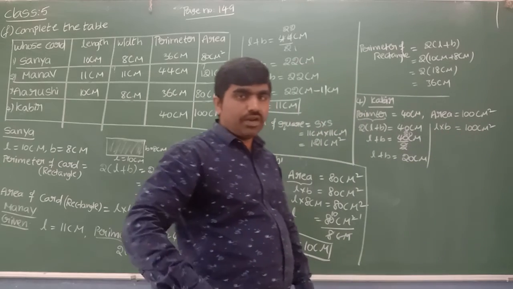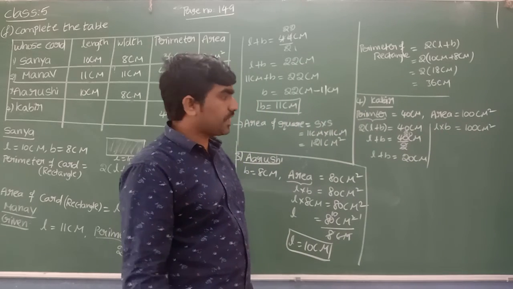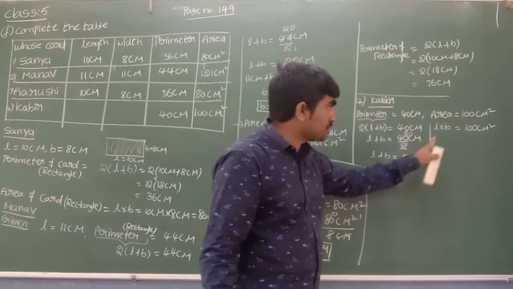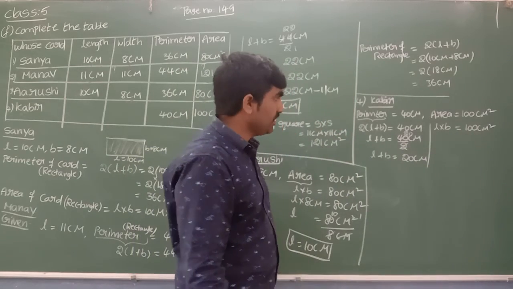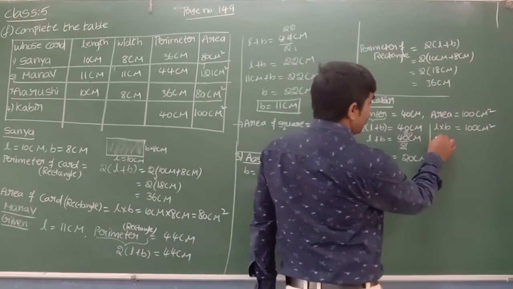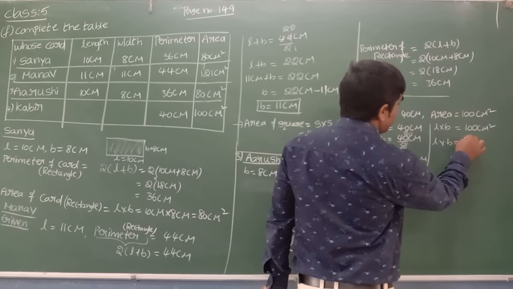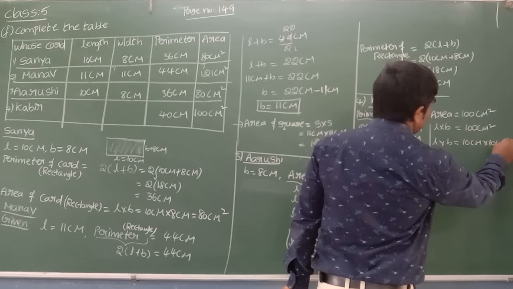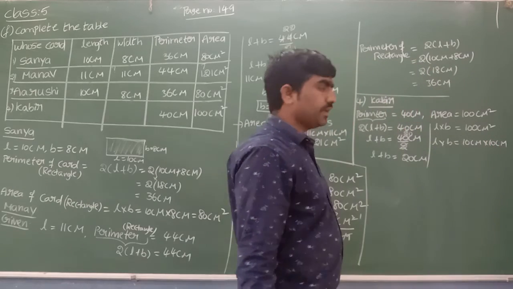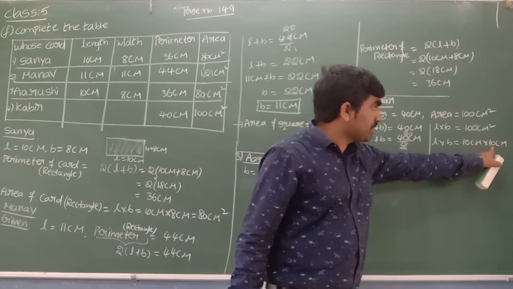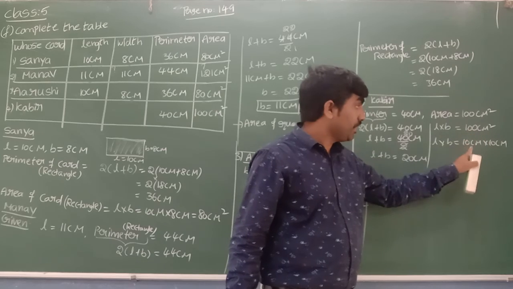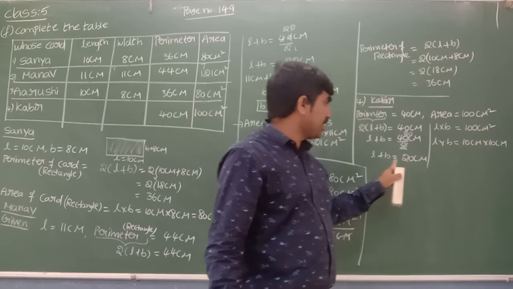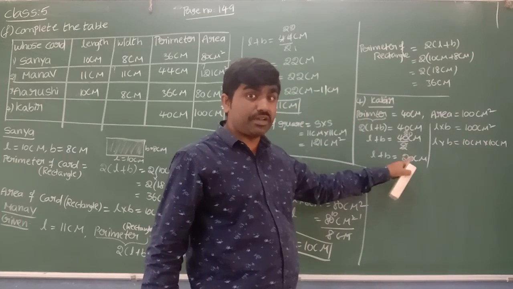Now imagine which numbers satisfy these two conditions. L into B: can I take 10 centimeters into 10 centimeters? If I multiply, 10 tens are 100. If I add 10 plus 10, it gives 20 centimeters.